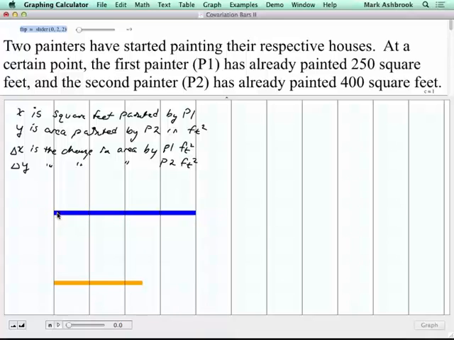So what have we named this quantity? We said y was the number of square feet. So I'm saying the length of that bar is y, and the length of this bar is x. So x and y are variables. They take on values of the quantity, right? 10 square feet, 20 square feet, 100 square feet, 200 square feet.